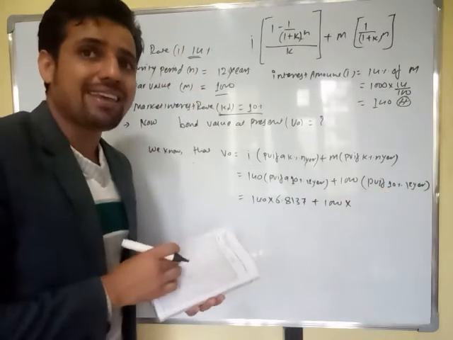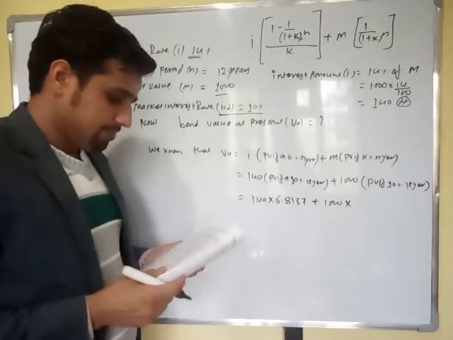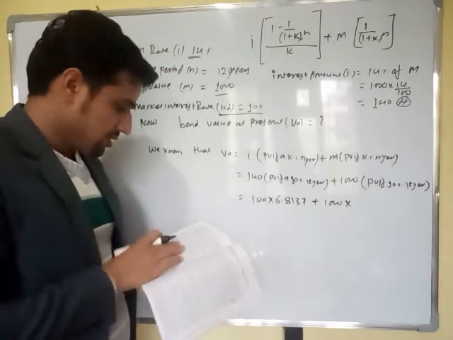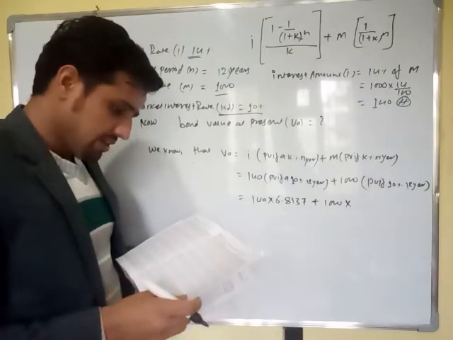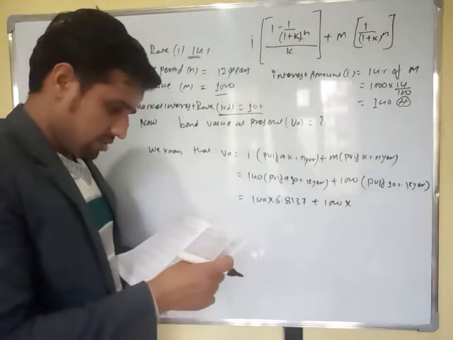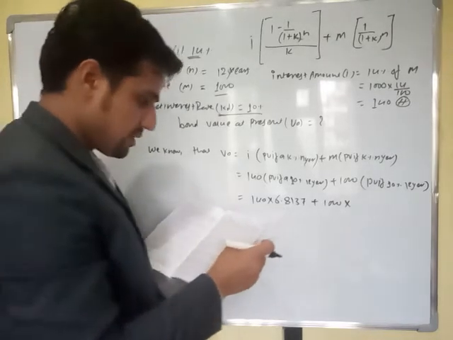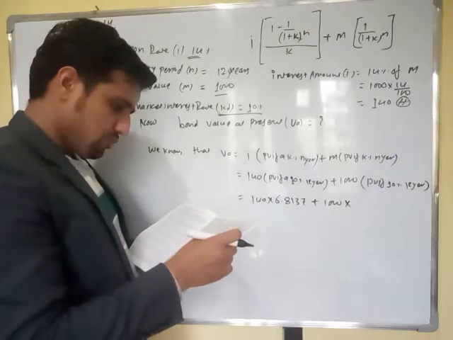PVIF, let's have a look at your copy. For 12 years at 10%, it means 0.0429.